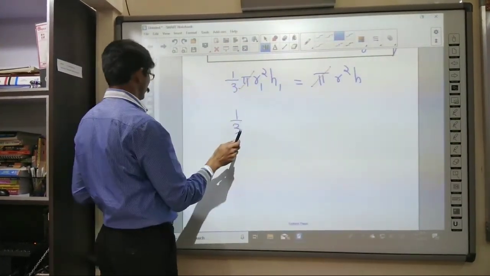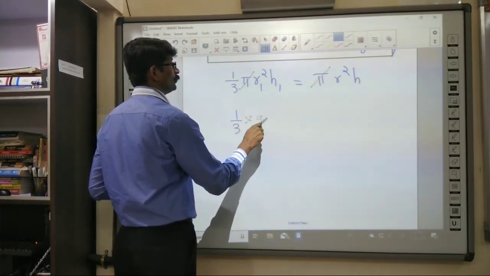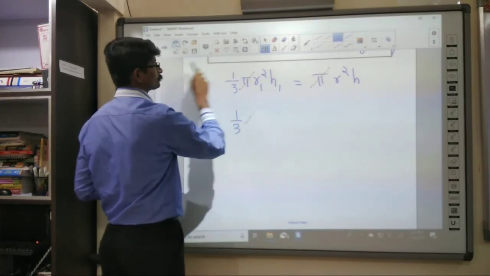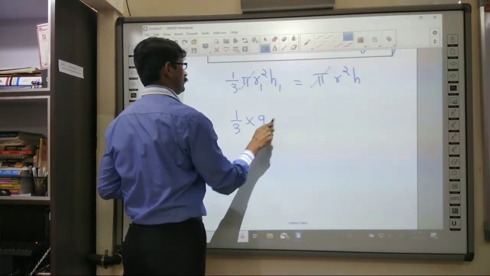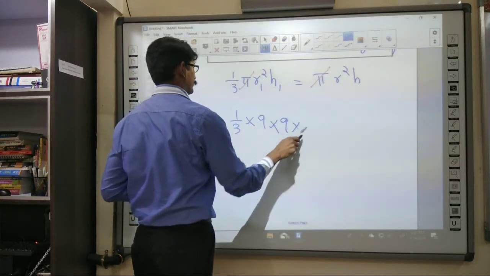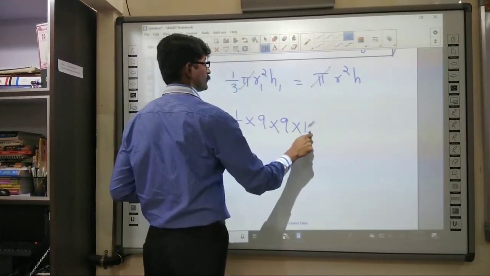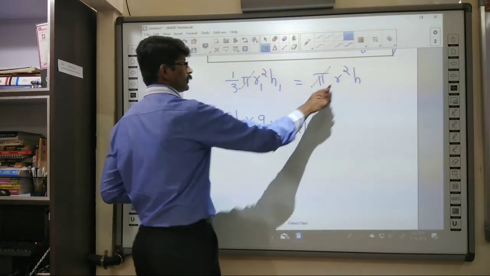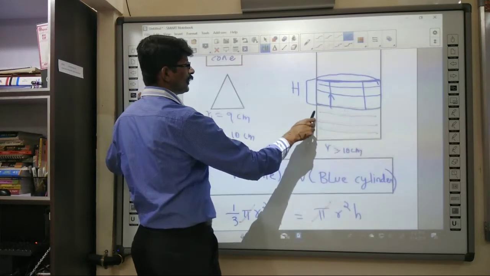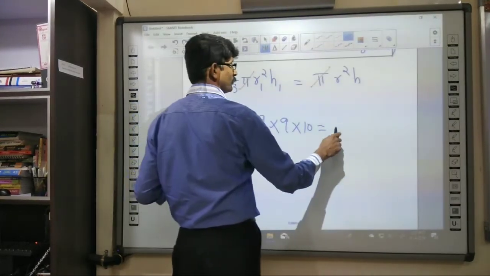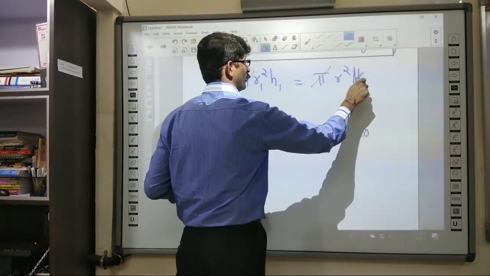What is r1 square? What was the r1 square? 9 into 9. 9 into 9 and into height. What was the height of the cone? That was 10, which equals, for the blue cylinder, its r square, that is 10 into 10, and this is capital H according to our sum.